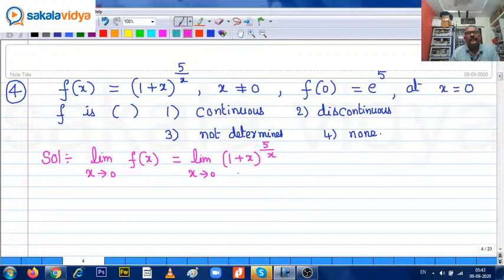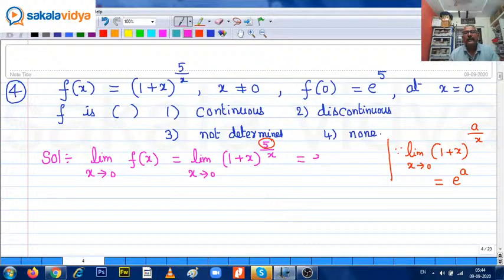If you substitute the limit, this is 1 to the power of infinity form. So we have one formula. What is the formula? Limit as x tends to 0 of (1 plus x) whole to the power of a upon x equals e raised to a. Here a is 5. This is equal to e raised to 5.